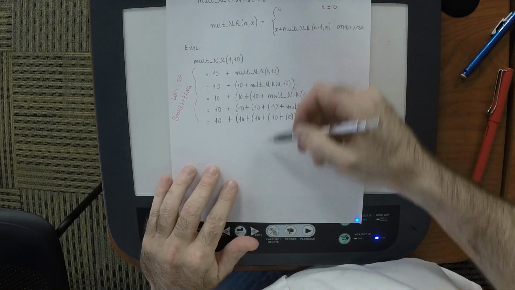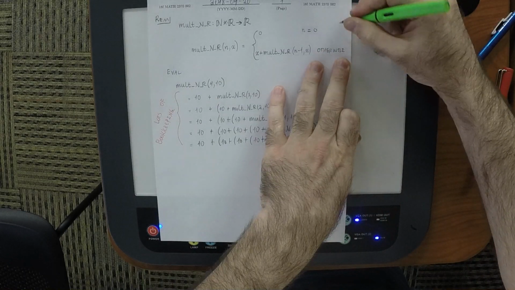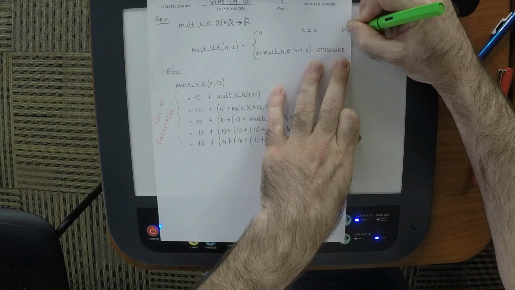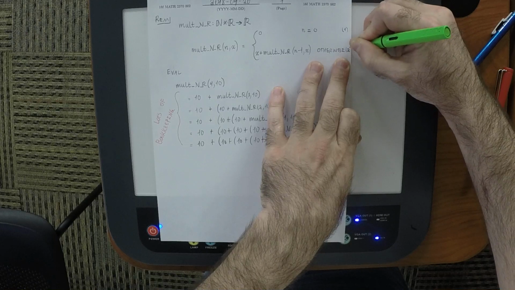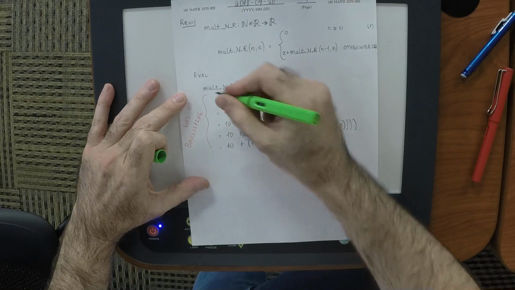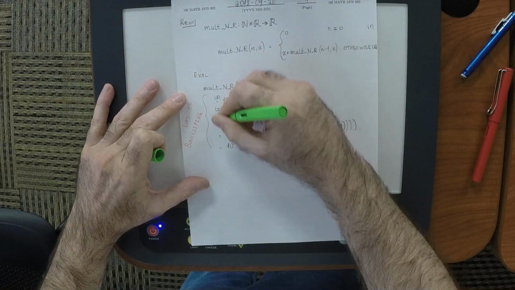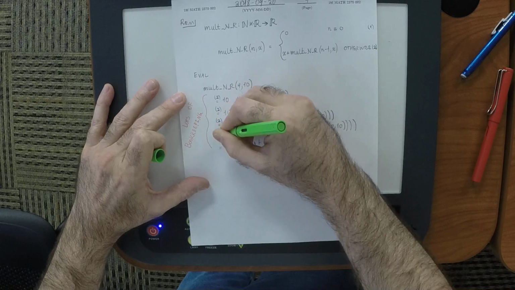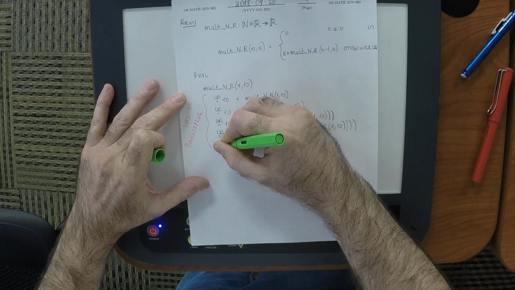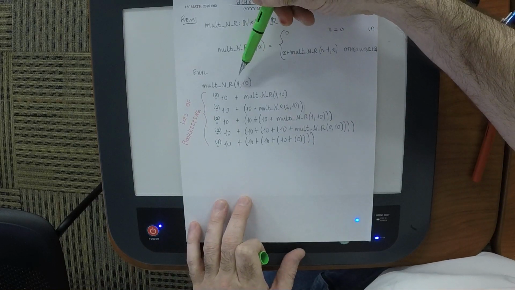So notice that concerning this evaluation, numbering these clauses the way we usually do, from here to here we used clause 2, clause 2, clause 2, clause 2, and then finally clause 1.